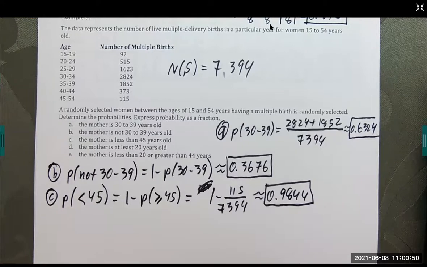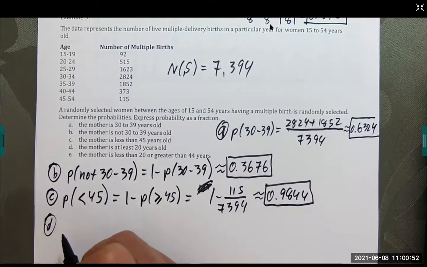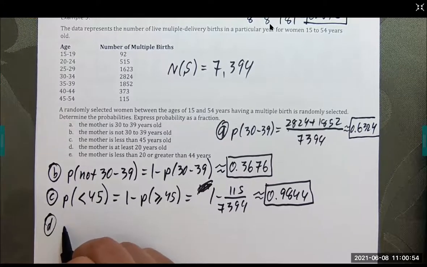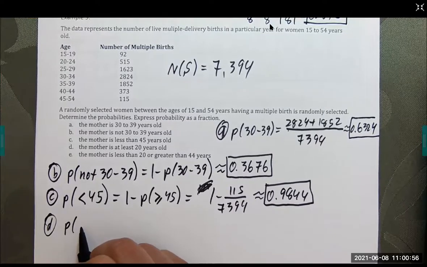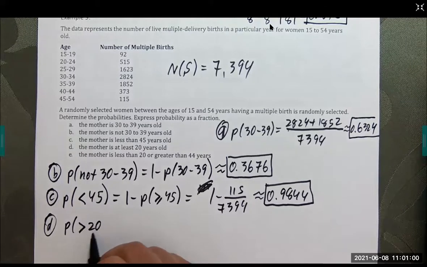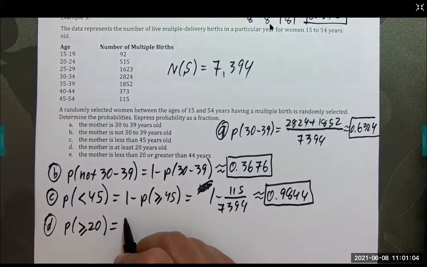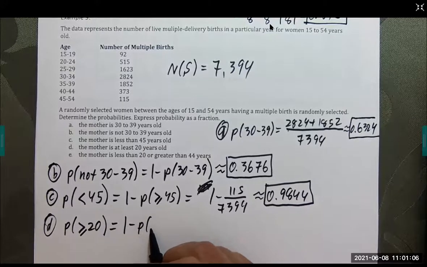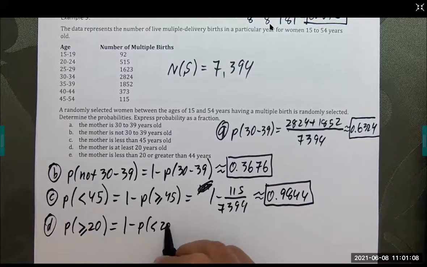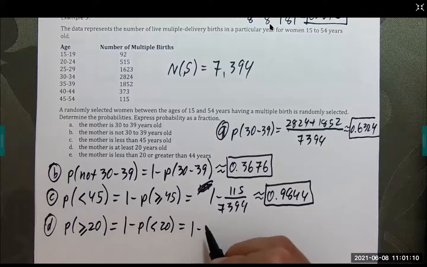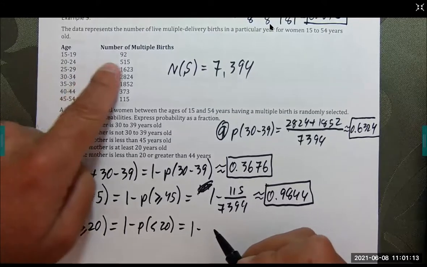Part D. Probability at least bigger than 20. Again, they're equal to 20. And I'm going to do that's 1 minus probability of less than 20. Less than 20 is the 92.